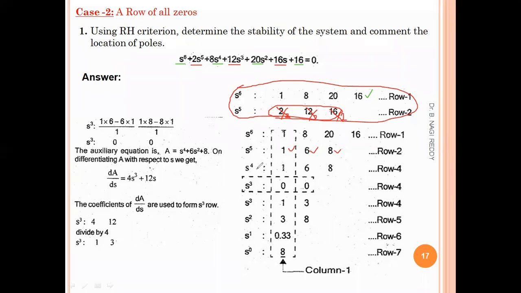Now, in order to calculate the s power 4 row, what should we do? We should multiply 1 into 8 minus 6 into 1, by 1.